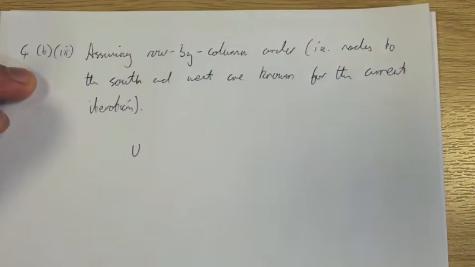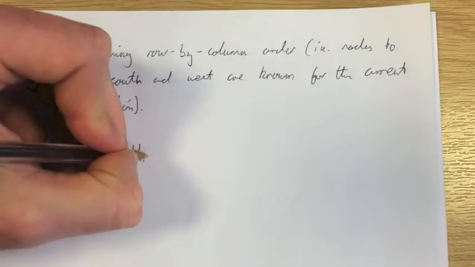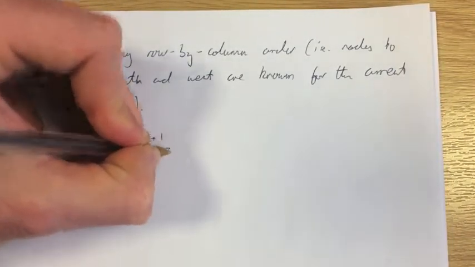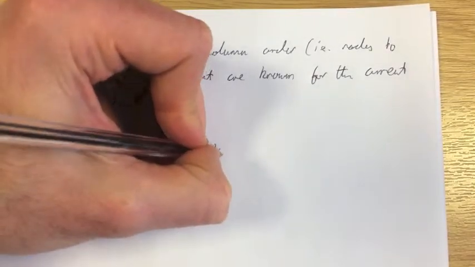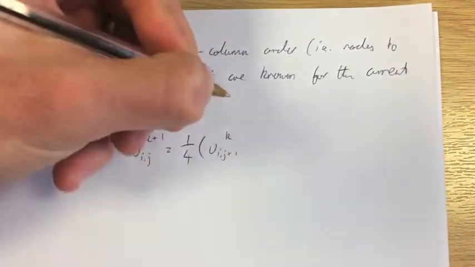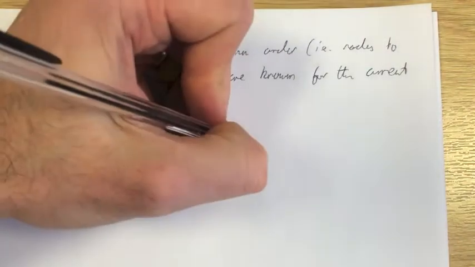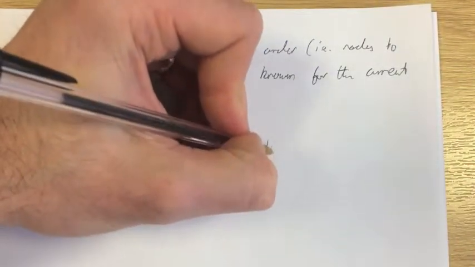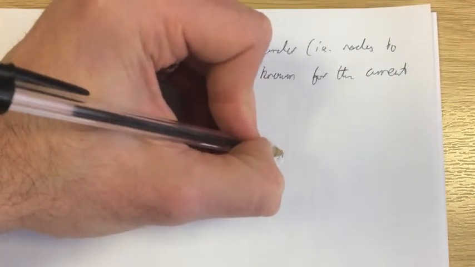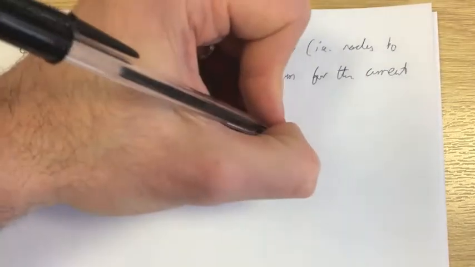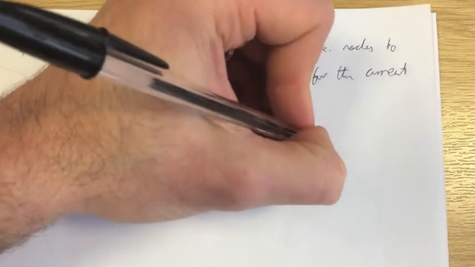So if I write out the Gauss-Seidel method, again we've got 1/4, the node to the north from the previous iteration, or current value I should say, the node to the east, the current value, plus the node to the south.